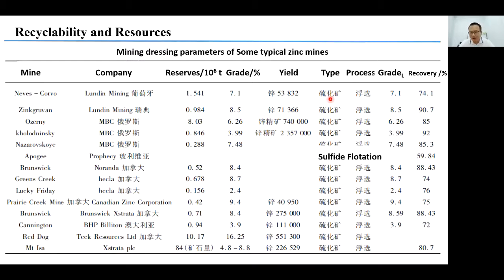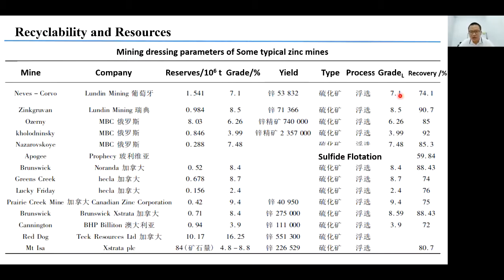So this is why I have explained that nowadays we are using zinc, which is mainly produced from zinc sulfide. And this sulfide can be processed with flotation technique. And after that, we can get a higher zinc content concentrate, which can be used in the following flow sheet.